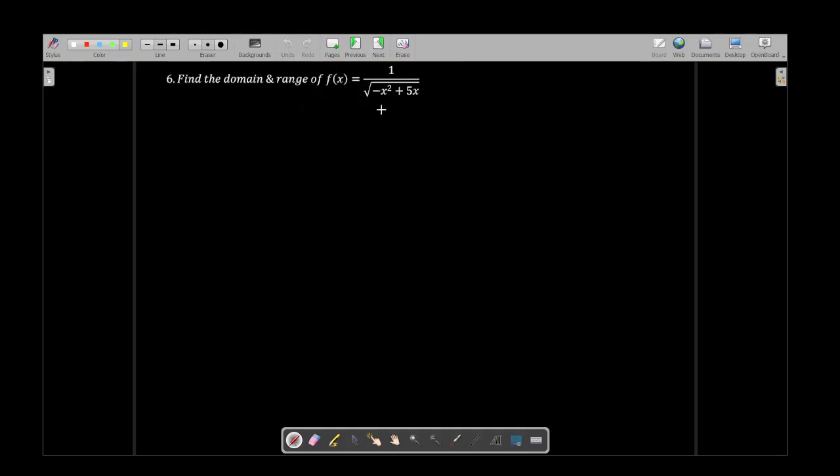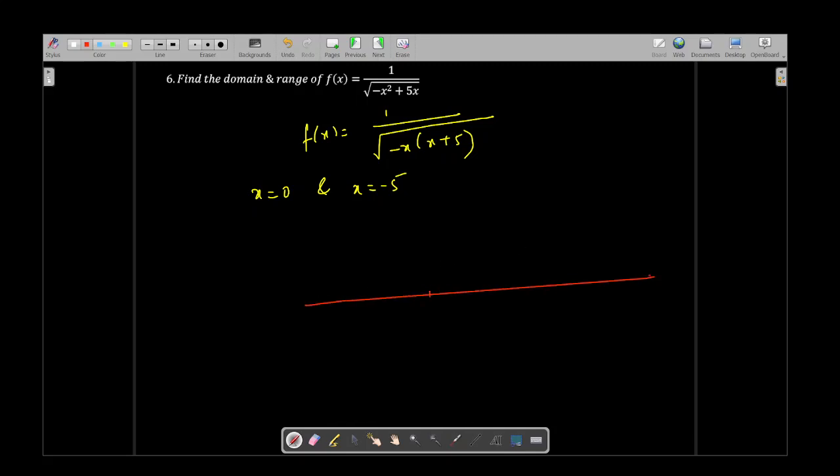Next problem. So here this is easy. f(x) is equal to square root of, I'll take -x out, x + 5. The roots are at x = 0 and x = -5. So the domain is -5 to 0, and the curve will look like this, because we have the square root of -x² - 5x.